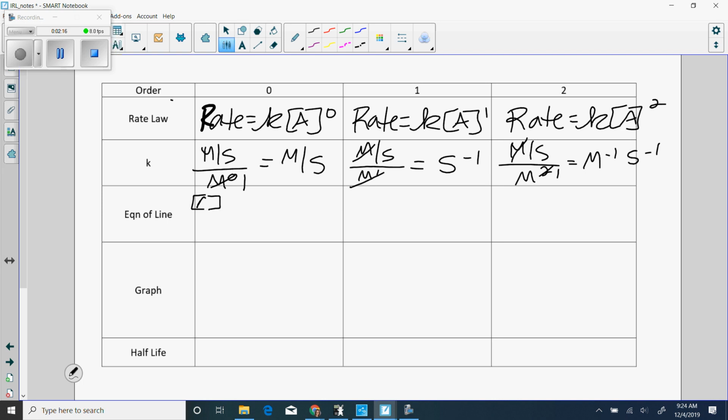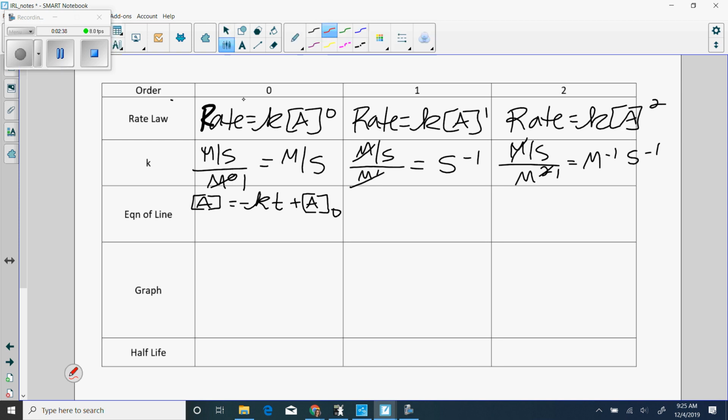If my monkey is 0, if my rate order is 0, my equation for the line is going to be concentration of A is going to be my Y equals negative K times T plus my concentration at time 0, which is called sub-zero, because that's the initial.